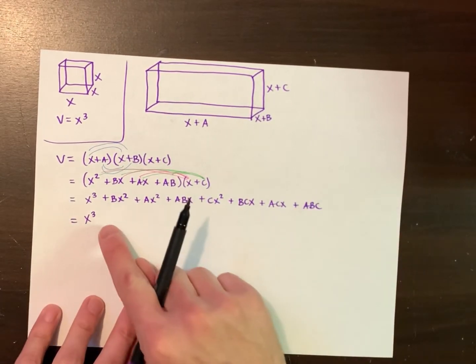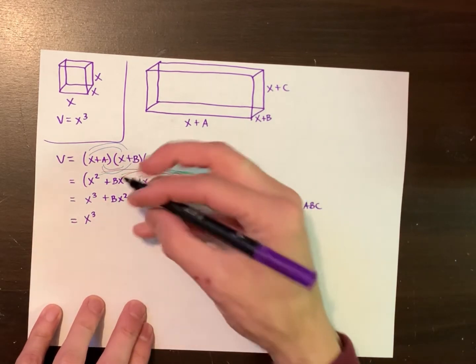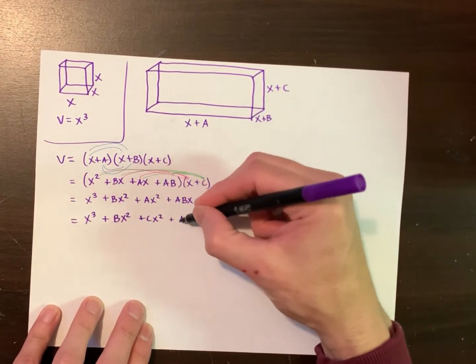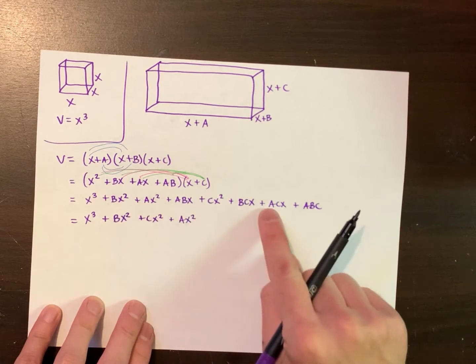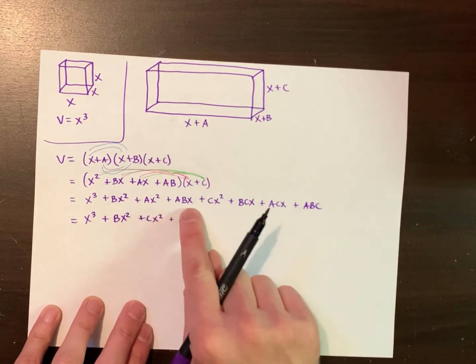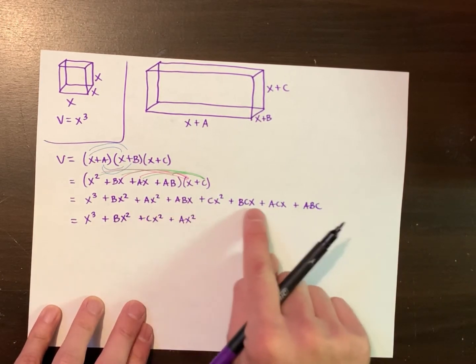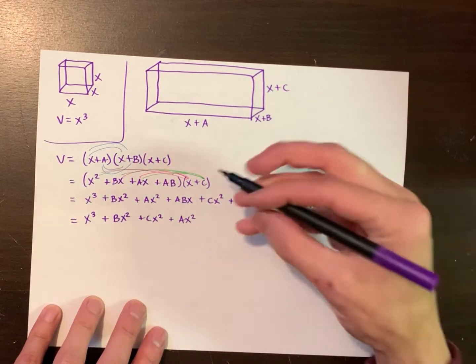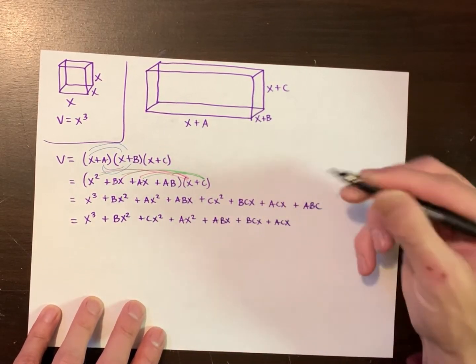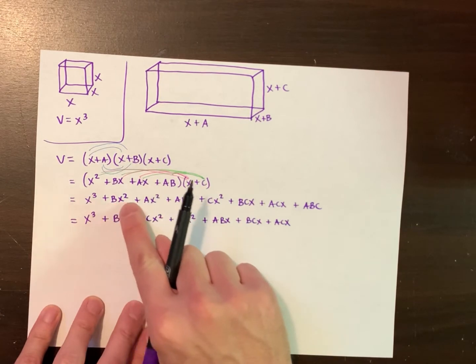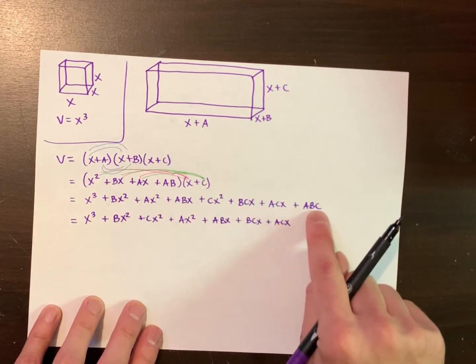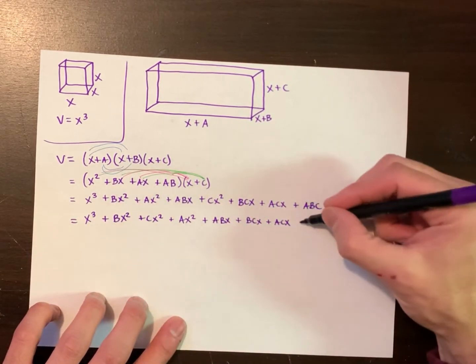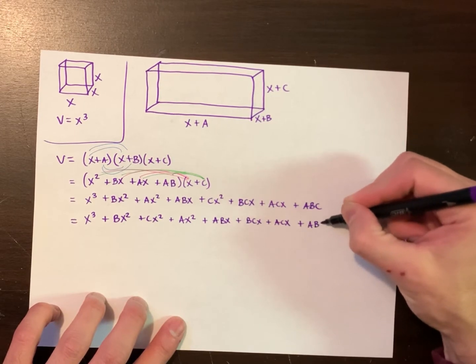Now let me write down all the pieces that have x squared. And now let me write down all the pieces that have just a regular x. For example, this piece there, and this piece here, and this piece here. And then what's left to write down? The only piece left to write down is the last piece because that has no variable, no x variable.